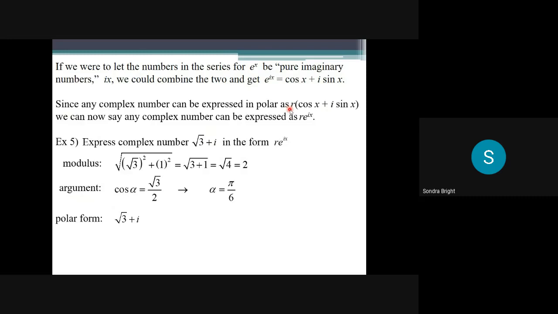So r times cosine of pi over 6 plus i times sine of pi over 6, plugging a pi over 6 into the x's. But now we know we can write the same thing as r times e to the ix. R is 2. Your x is pi over 6, so it's 2 times e to the power of i times pi over 6. Boom. Done.